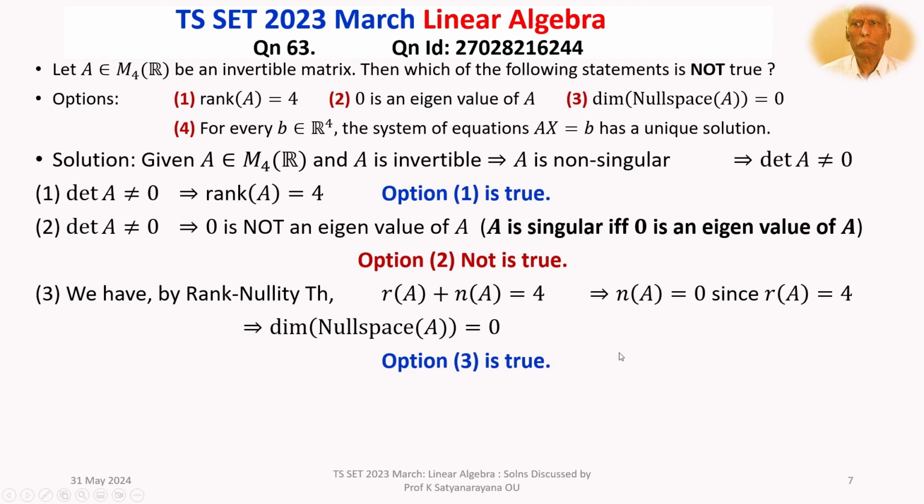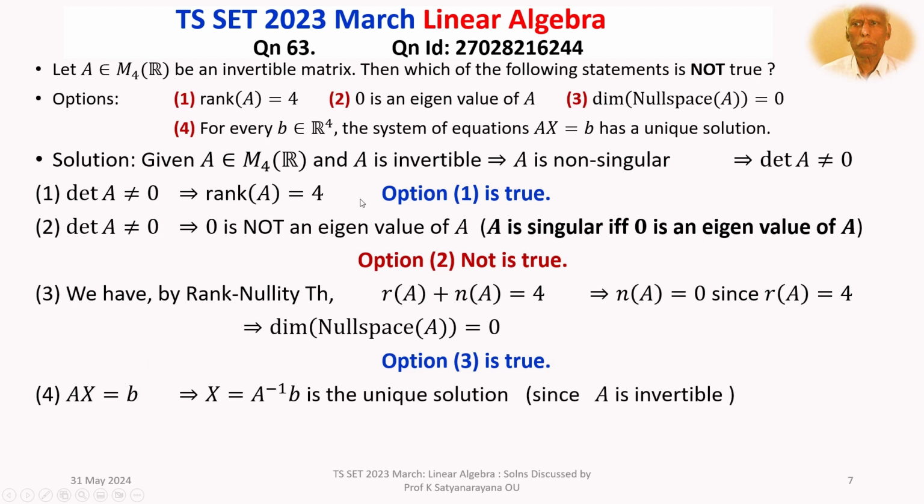Right. Now option 4, Ax is equal to B. We are given A is invertible, means its inverse exists. Therefore, pre-multiply both sides by A inverse. So you take Ax is equal to B, pre-multiply both sides by A inverse, then you will get x is equal to A inverse B, and that is the unique solution, because A inverse is uniquely determined for invertible matrices.